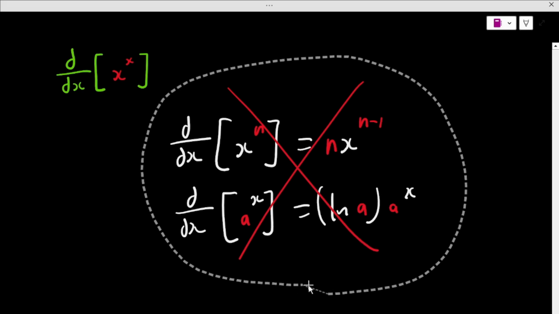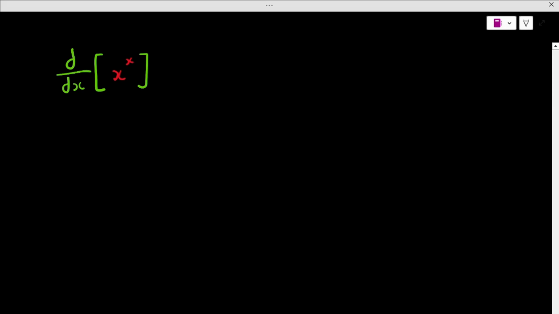What can we do? Keeping in mind that later on when we differentiate and substitute the value 0 in, it should give us an undefined value because x to the x is not defined at x equals 0. Well, let's use a little bit of logarithmic properties.